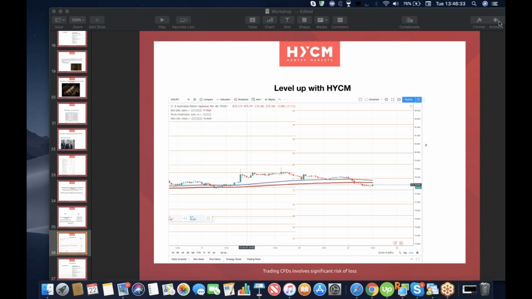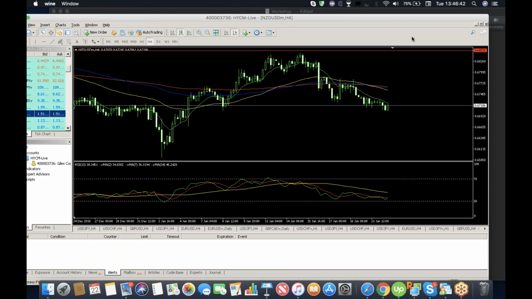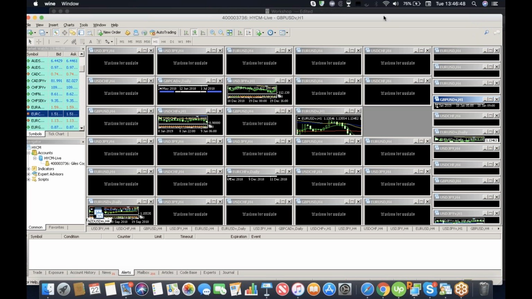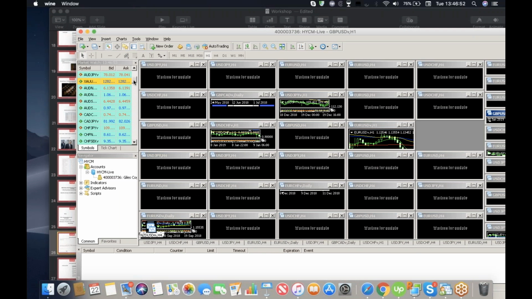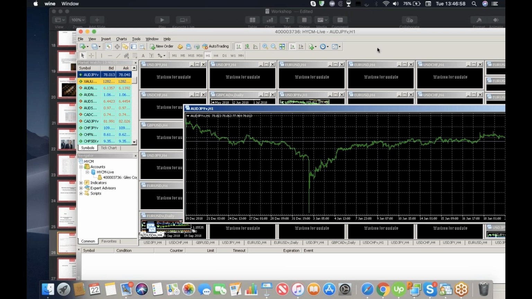While you're looking at that, I'm also gonna be looking at this chart. I'm pulling up another Australian yen chart, and let me just pull that up. See what price is currently at.